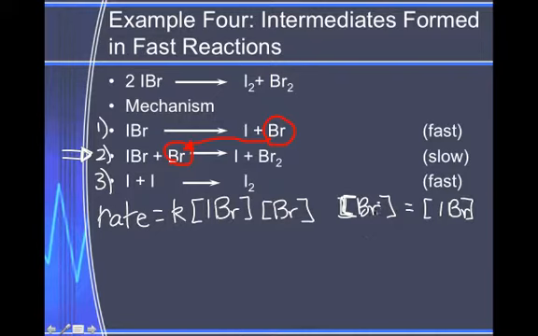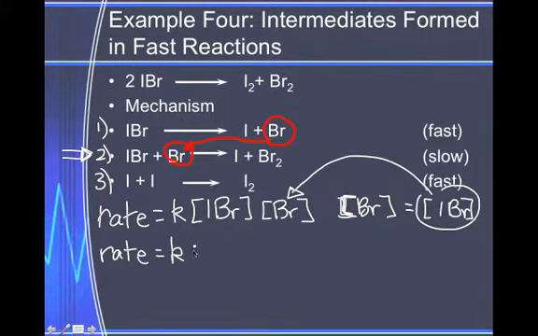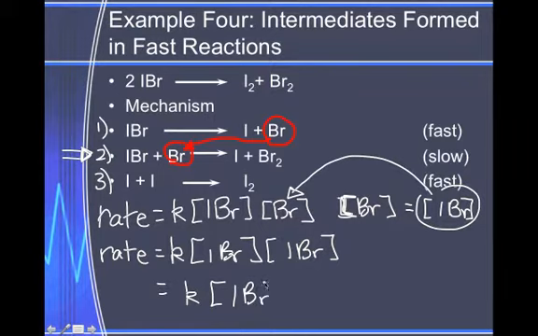And so in that case, I'm going to put this in the place of the Br. Since they're equal, then I can use substitution here. So my rate's going to be equal to k times [IBr] times, now I'm putting [IBr] in the place of [Br]. And we can rewrite this as [IBr]². Either way, it's a bimolecular rate law.